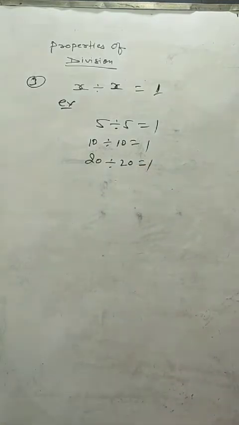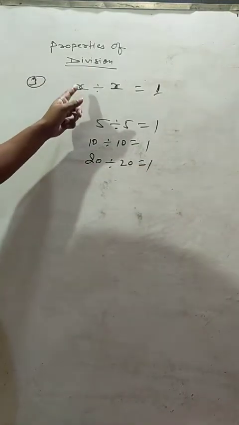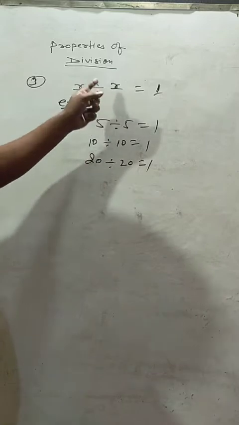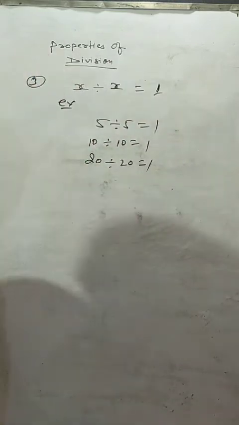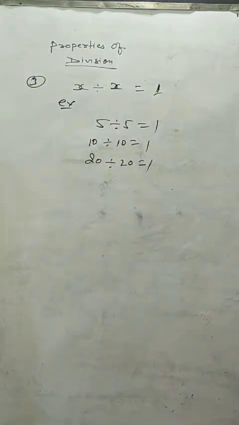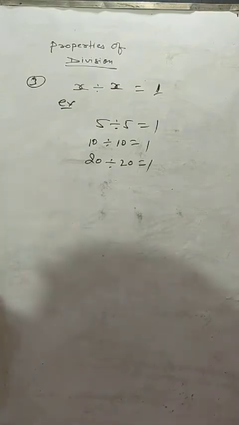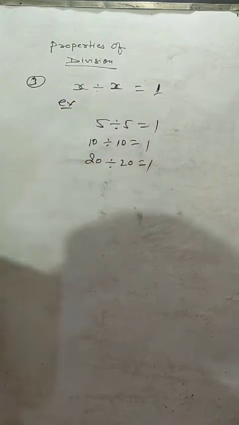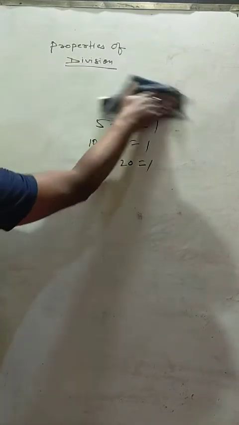Therefore, you can say, if an integer is divided by the same integer, the result will always be 1. But it is only possible when x is a non-zero number. x should not be equal to 0.